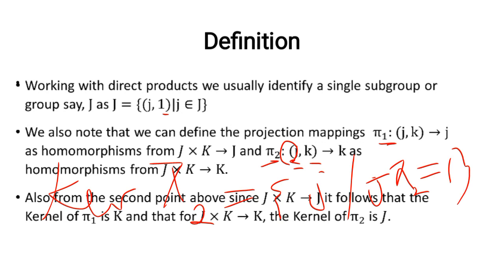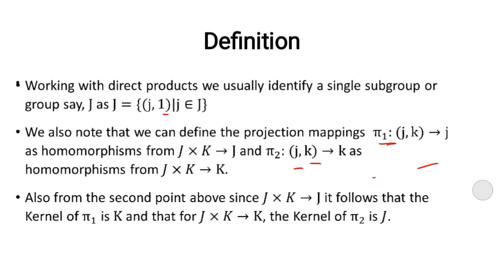So that will be our kernel. And we know clearly kernel of theta is normal, meaning that this kernel of pi 2 is also normal in our group G, or whichever group we are using. So remember those. Those are projection mappings, definitions you need to know.